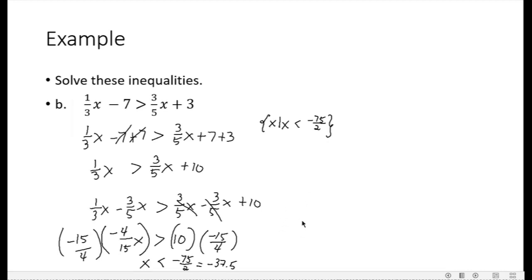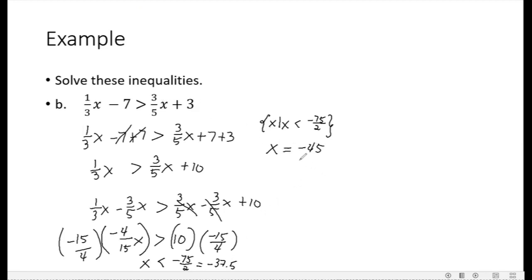Okay, so let's verify our answer, where the value of x is the set of all real numbers less than negative 37.5. Let's use a number that is less than negative 37.5. Let's cite a value of x. So we use negative 45 for the value of x, since negative 45 is less than negative 37.5.